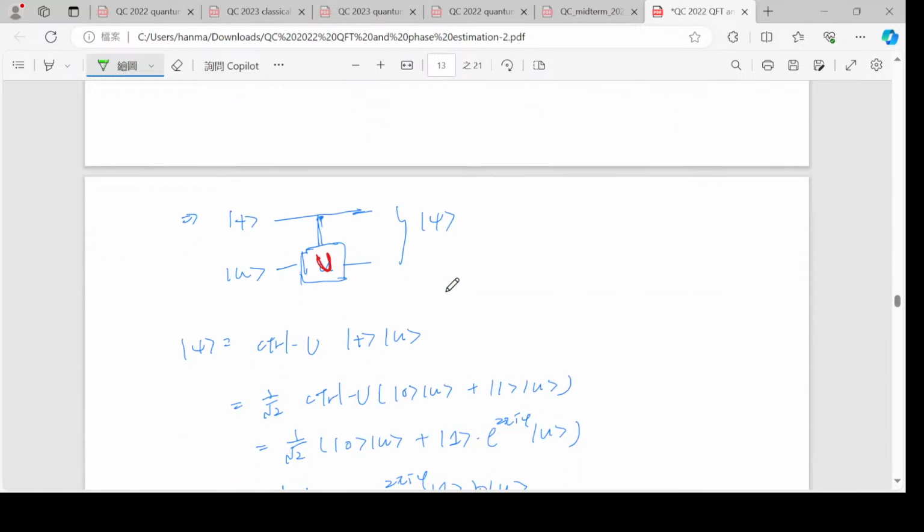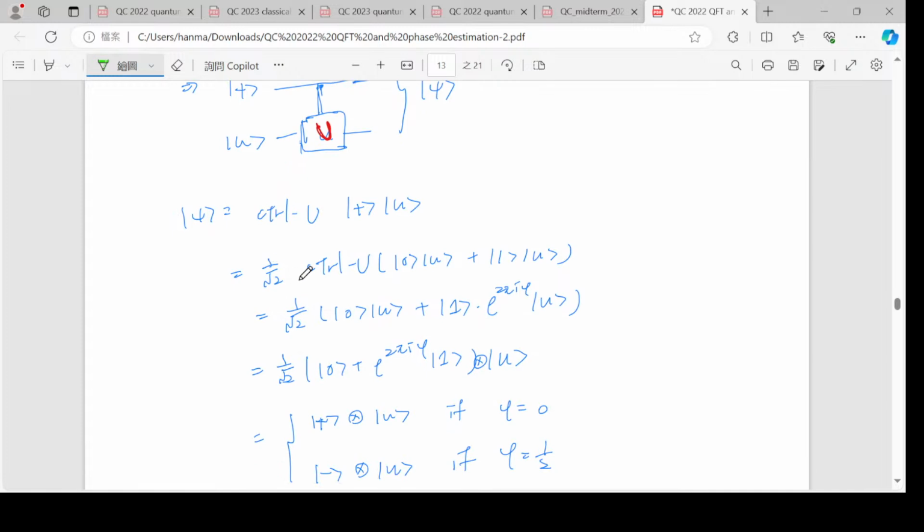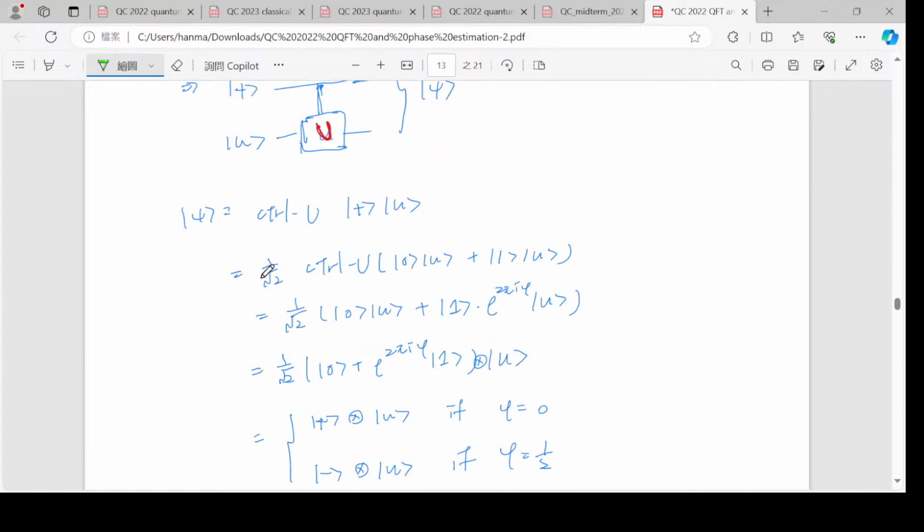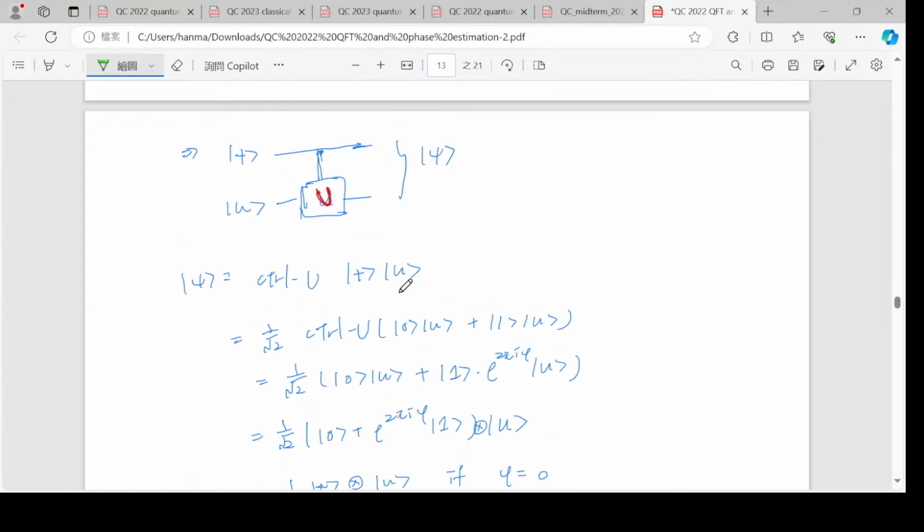Okay. And let's see what is happening. This is very similar to phase kickback, where we do the minus state here and we do our code. And we see that we also have phase kickback with this control U here, because what happens is the control U on plus and u, and the plus state is 0 plus 1, and you have some normalization. And as we said, if the control qubit is 0, then it should do nothing, so this is 0 u.